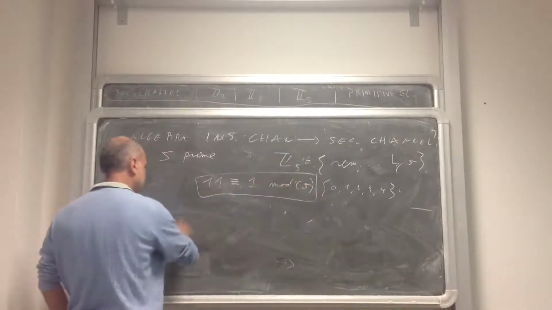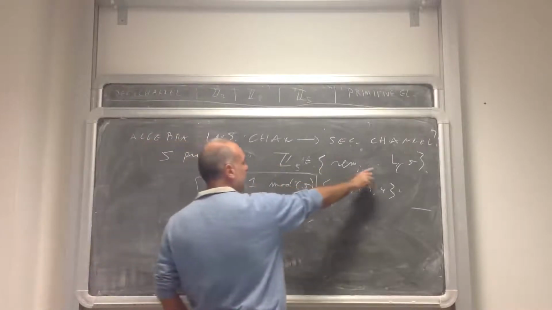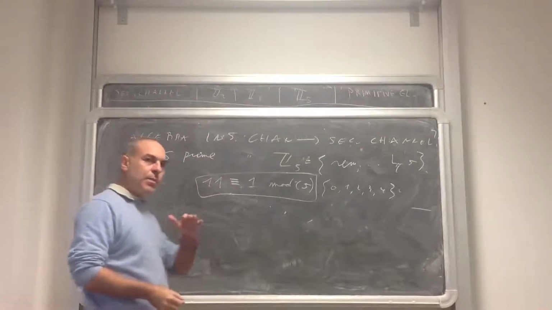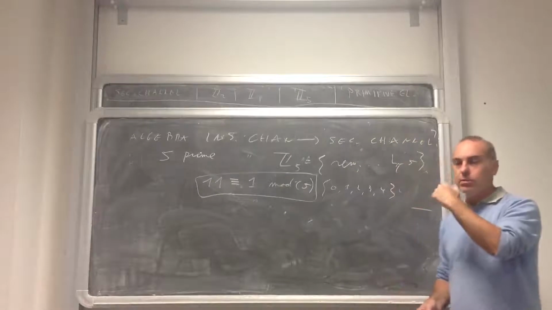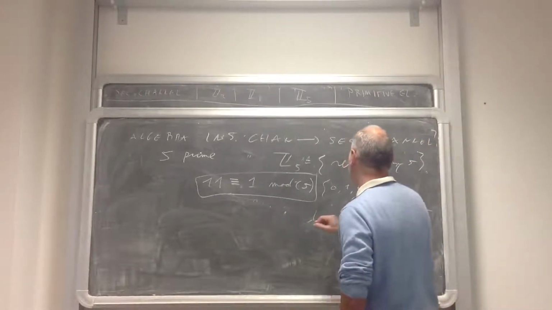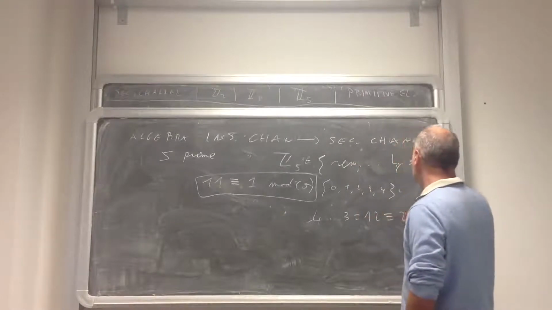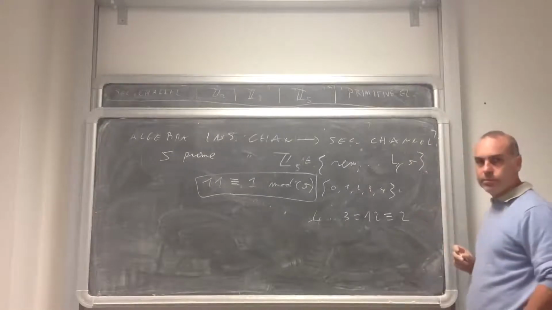Now, we can do operations here, and when we get a number which is bigger than 5, we just divide and take the remainder. So, for example, 4 times 3 is 12, which is congruent to 2 mod 5.